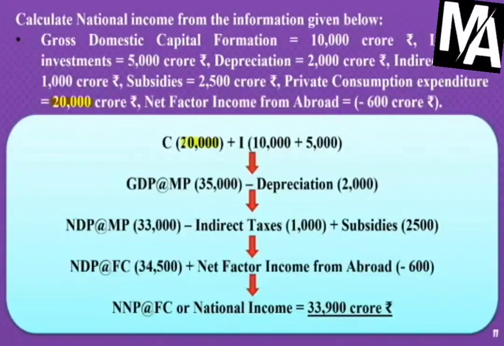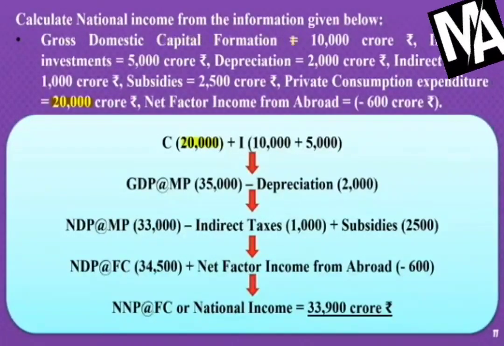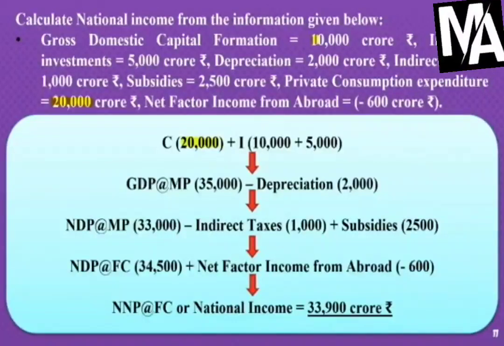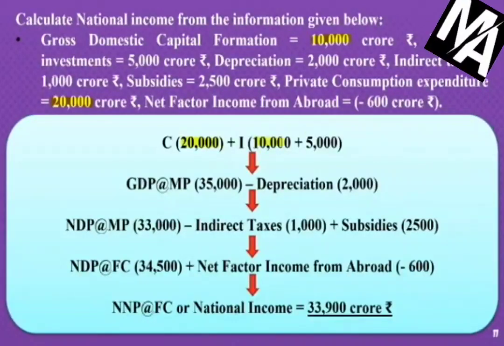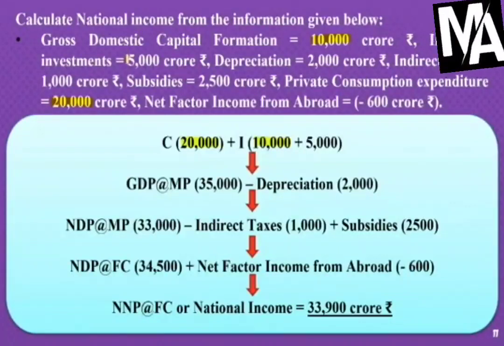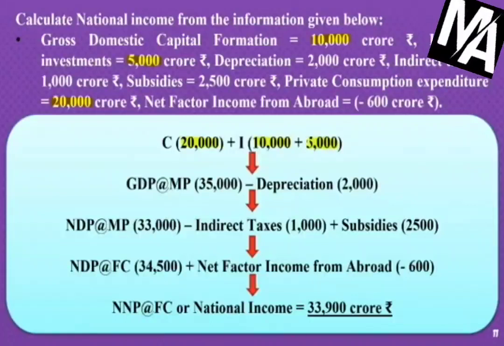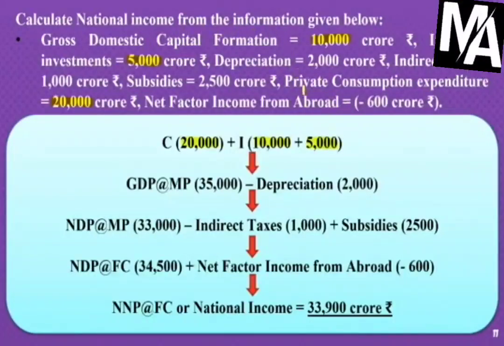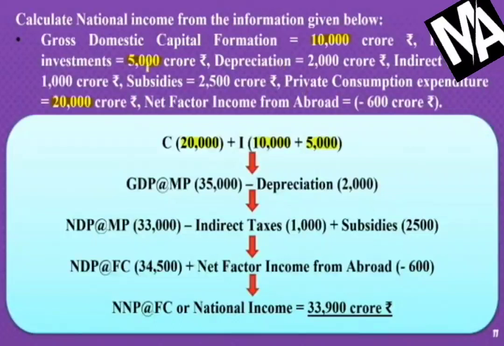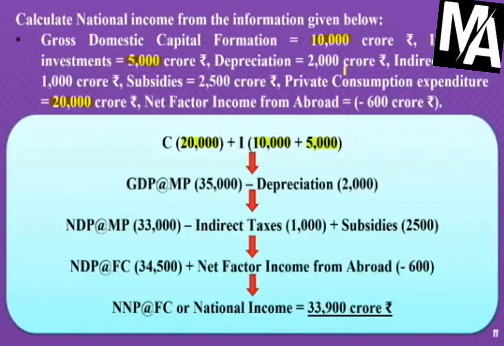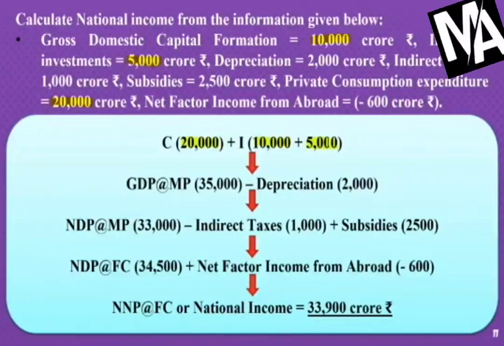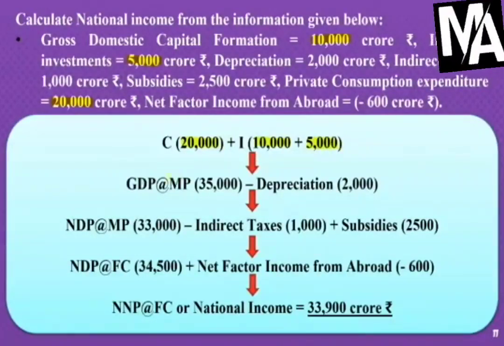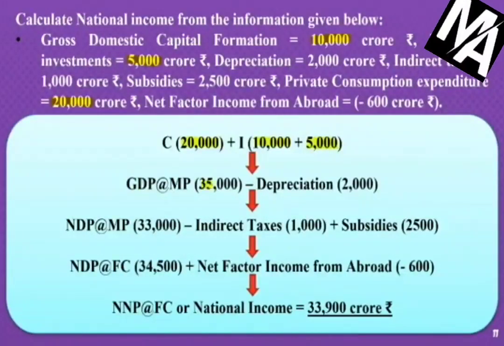Then we have I. Now there are two aspects in this problem related to I. The first one is gross domestic capital formation, as I discussed in the previous problems, that is 10,000 crore, which will be I. At the same time, inventory investments, that is 5,000 crore, will also come under I. So we have C plus I. There are no aspects regarding government consumption. There are no exports and there are no imports. So we only have C plus I, that is 20,000 plus 10,000, 30 plus 5, 35. And when we add this, it becomes GDP at market price, that is 35,000.